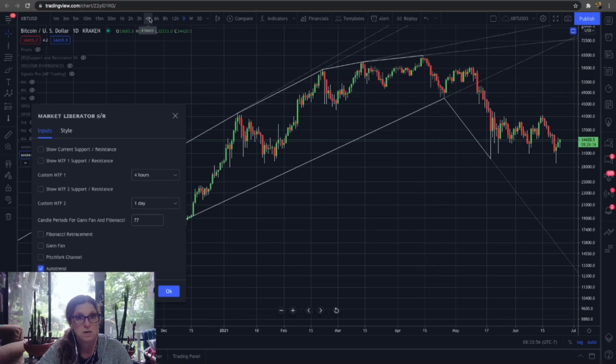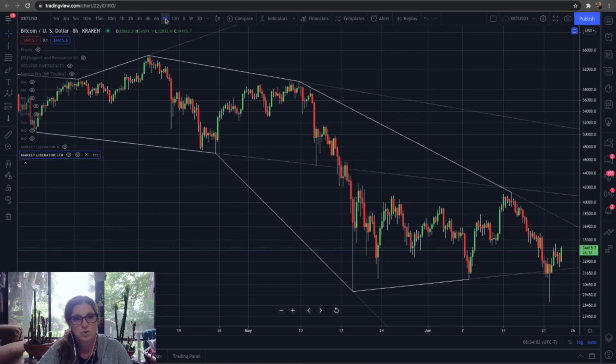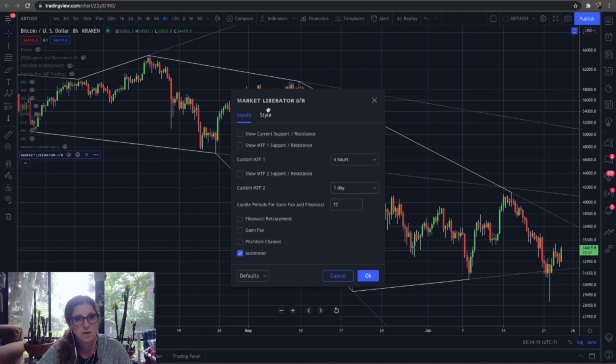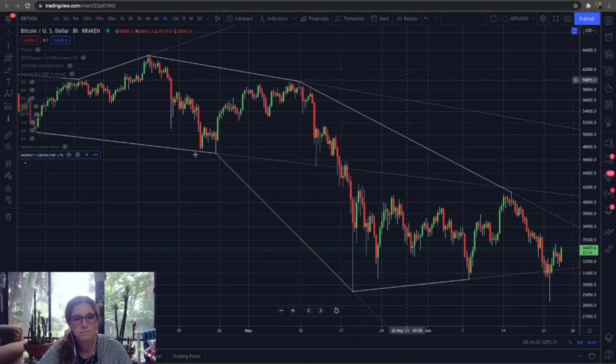As you can see, we go down to the 4-hour trend lines. 8-hour trend lines. So I thought that was a pretty cool thing. So that is Market Liberator support and resistance. And like I said, you can go in here and you can change anything you want to change.